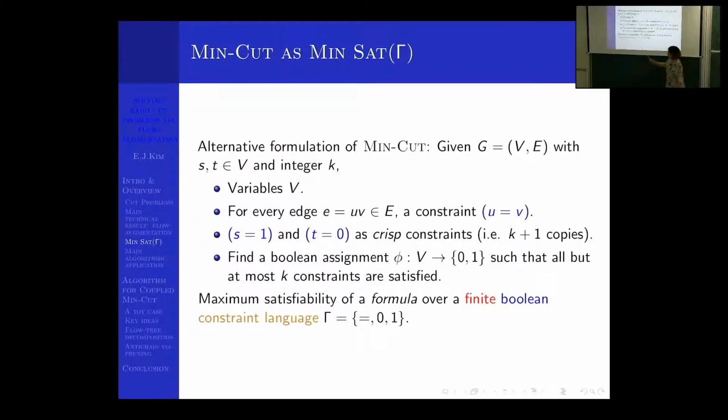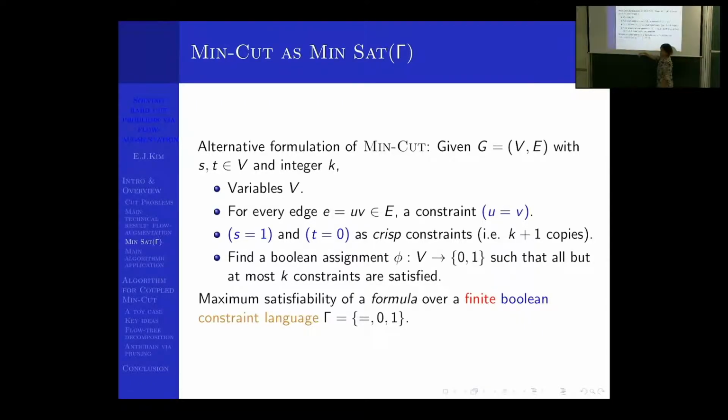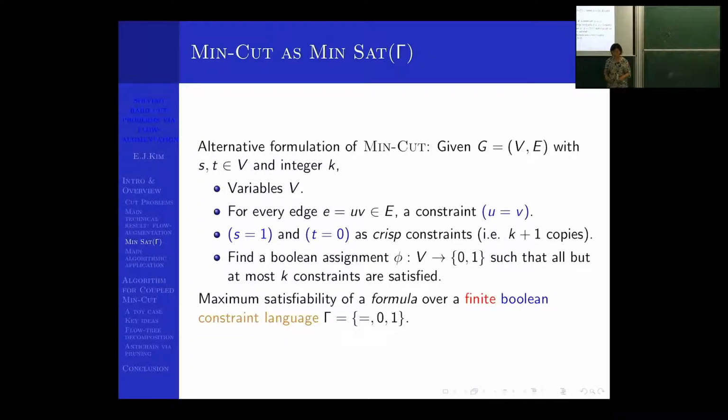So if you are given a set of variables V and a specific language gamma, then you can make a formula as a conjunction of constraints. Your constraints are obtained by applying the relation on the tuple of variables. Then you can talk about maximum satisfiability of the formula. If a constraint is violated, I pay 1.